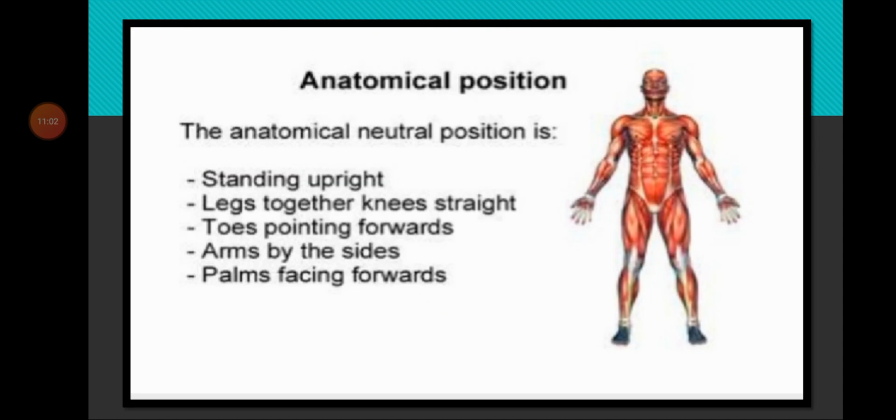Anatomical position is the neutral position, when it is standing upright, legs together, knees straight, toes pointing forward, arms by the side, and palms facing forward. This position is called the anatomical position.